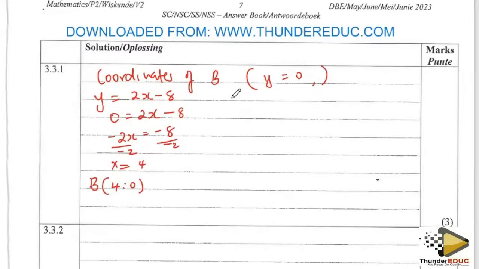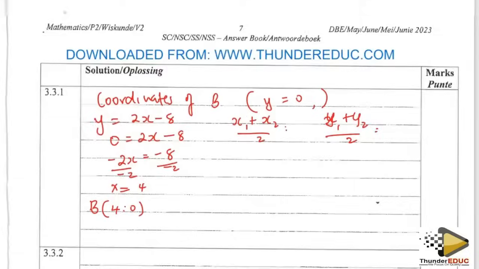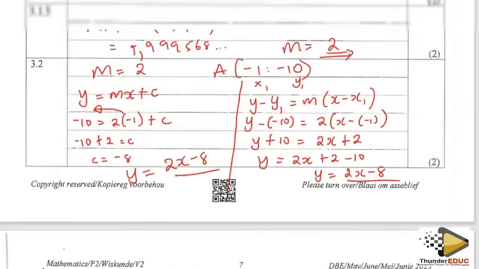Then from the midpoint, I know that x1 plus x2 over 2 must give me the x-coordinate of the midpoint. Then y1 plus y2 over 2 must give me the y-coordinate of the midpoint.